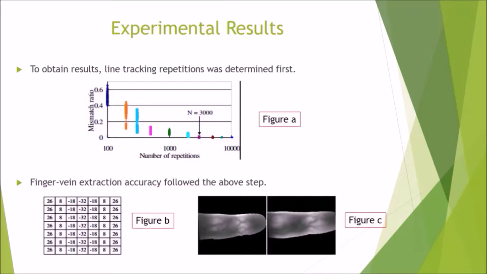An integer is selected for each value of a row element of the filter kernel such that the sum of the values in a given row is 0, as shown in figure B. The matched filters consist of 4 different filter kernels, with each filter rotated by 45 degrees to optimize for a different set of vein directions.